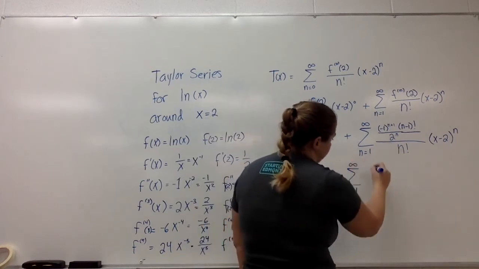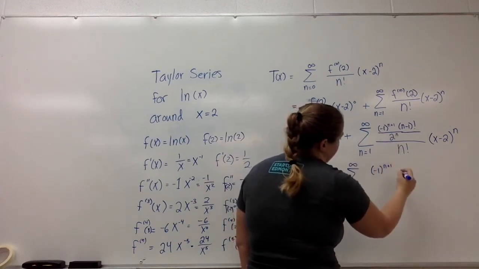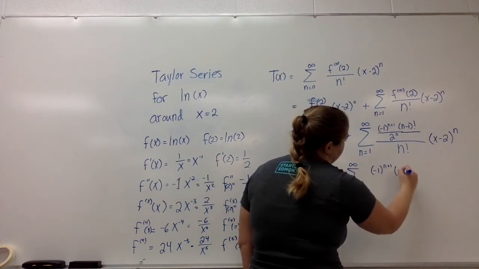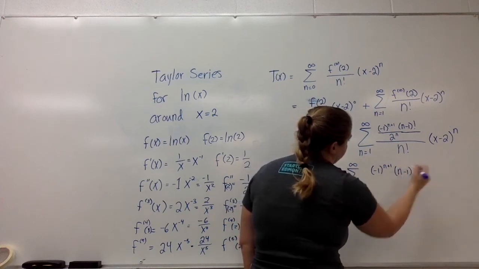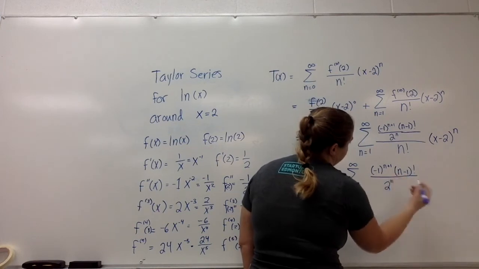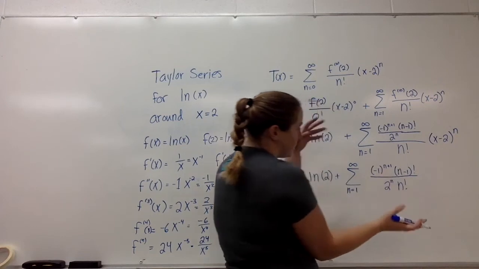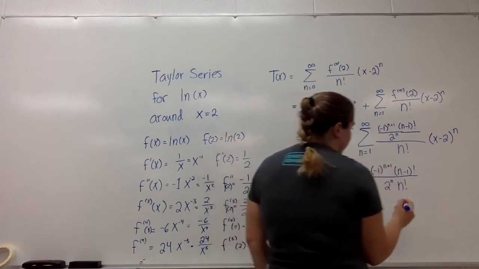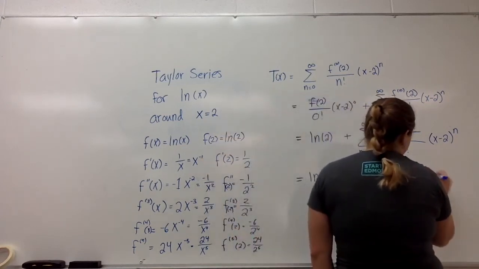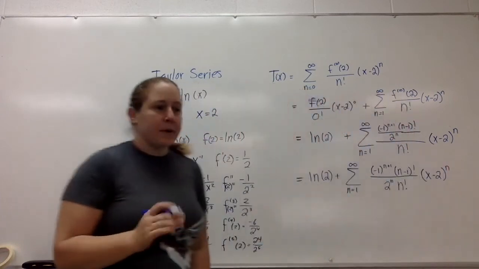This is really the same thing as just saying we have -1 to the n plus 1 times n minus 1 factorial over 2 to the n times n factorial. So I'm just switching my fractions. And then x minus 2 to the n. So it's a little simpler.